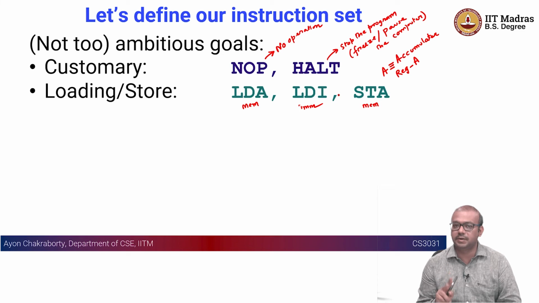And the first 4 bits are already exhausted for specifying the fact that this is LDI. So we only have 4 remaining bits. So any constant that has to be specified cannot be more than the value 15. It has to be only 4 bits. So I can only do LDI 0, LDI 1, dot dot dot, LDI 15, not more than that. You need to be very careful about it.